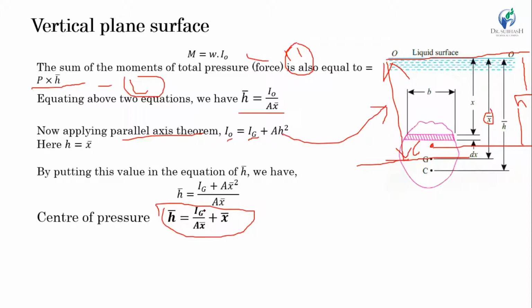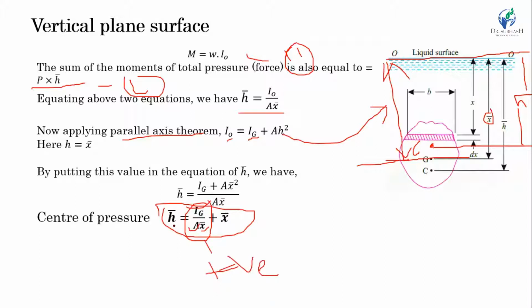Ig is the moment of inertia about the axis passing through the CG, so it is always positive. The area is always positive. x bar is a distance, so it is also positive. So you can say this whole term Ig upon A x bar is always a positive value.